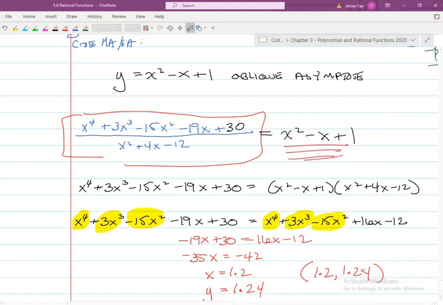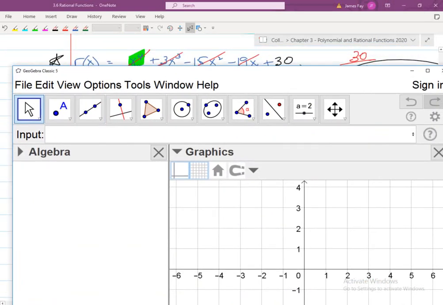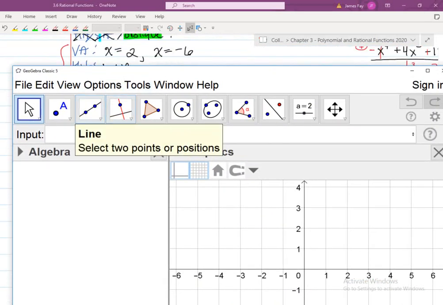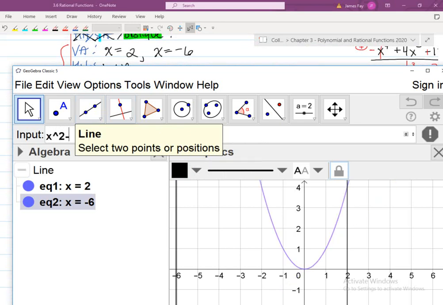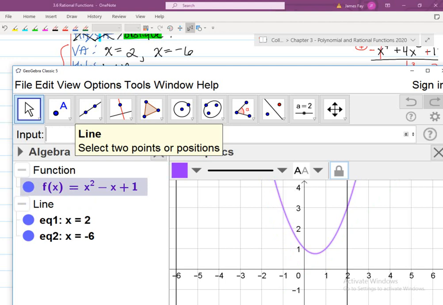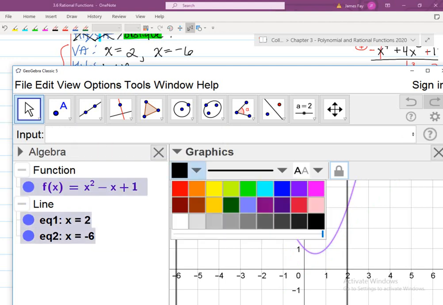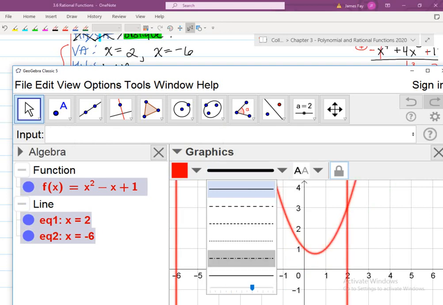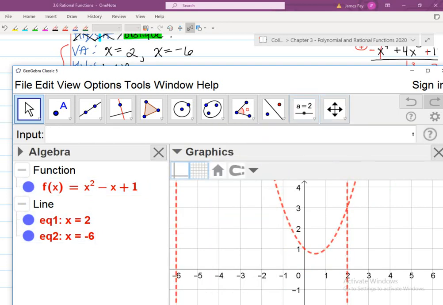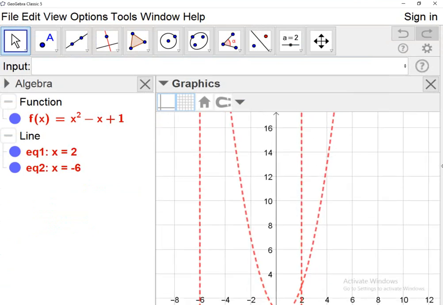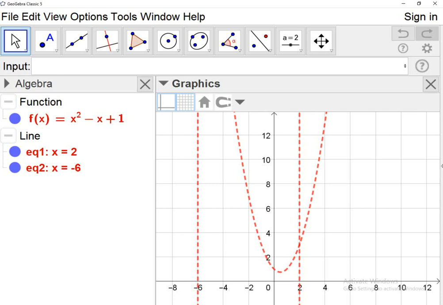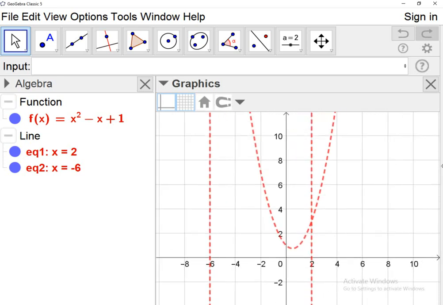Yes, yes. So I'm going to graph all these things. Okay, so our vertical asymptotes were at x equals 2 and x equals negative 6, and then we had the oblique asymptote, x squared minus x plus 1. So all of those things I'm going to color red and make them dotted. Those are my asymptotes. And you can see the different regions that get created when we generate that.